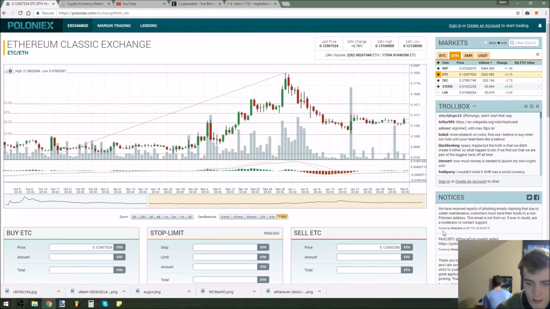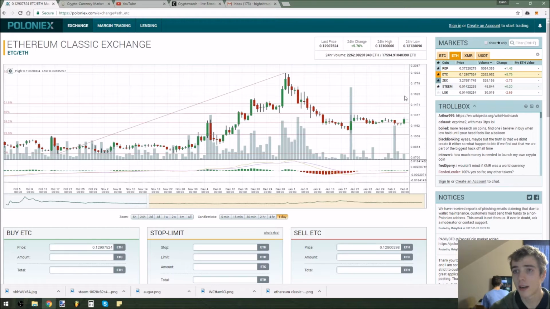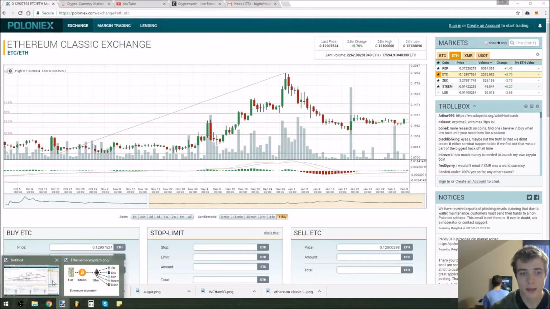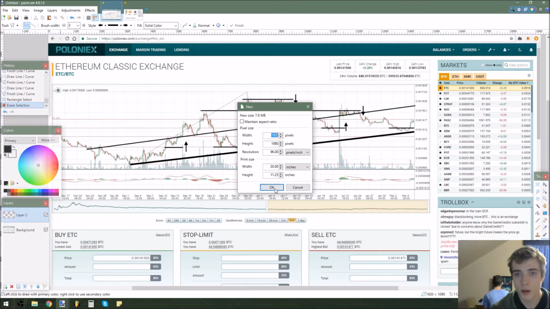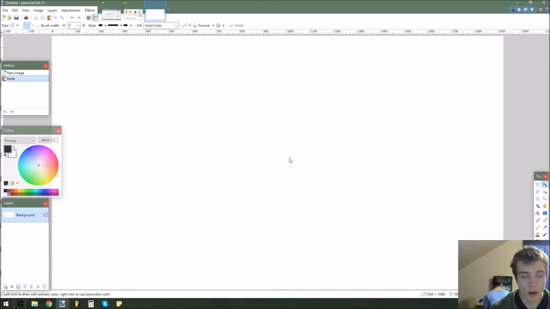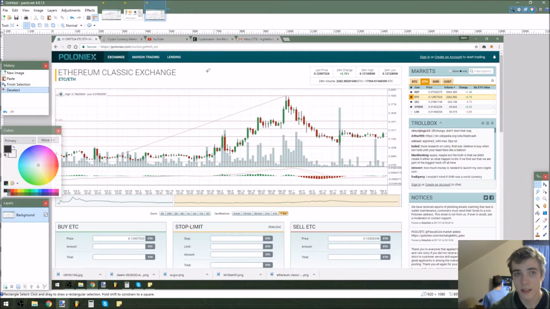So let me point something else out here real quick. I'm going to go ahead and copy this. This is the Ethereum Classic chart versus Ethereum and not Bitcoin. That's something you want to look at: see what is losing more value overall than the other one. If ETC is losing more value overall against Ethereum, then you could say that it has the majority of the market interest.